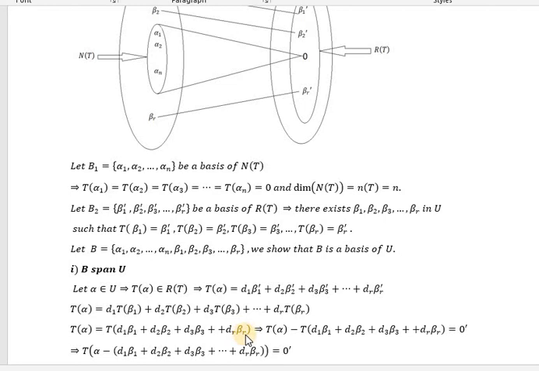Further, this implies T of alpha minus T of d1 beta 1 plus d2 beta 2 plus d3 beta 3, so on dr beta r is equal to 0 dash. So just we have transferred this term to the LHS. Then remove the transformation outside from these terms.